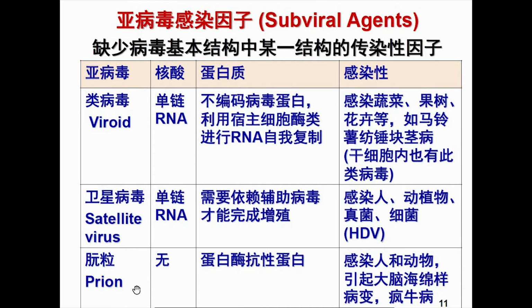Viroid is one, satellite virus, which I mentioned earlier, is another, and then prions. We already discussed all this. Viroid is made up of single stranded RNA. All the things we learned.